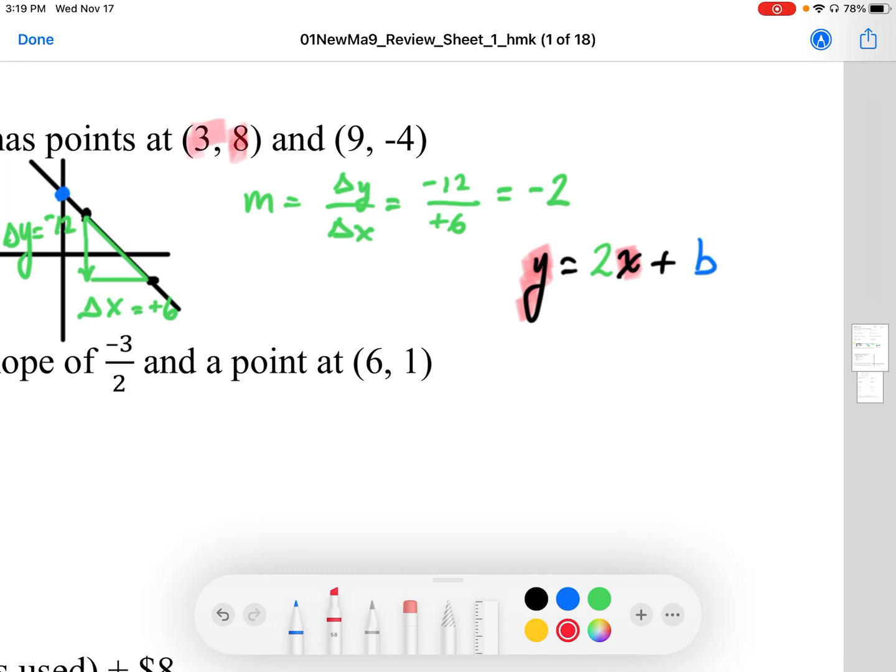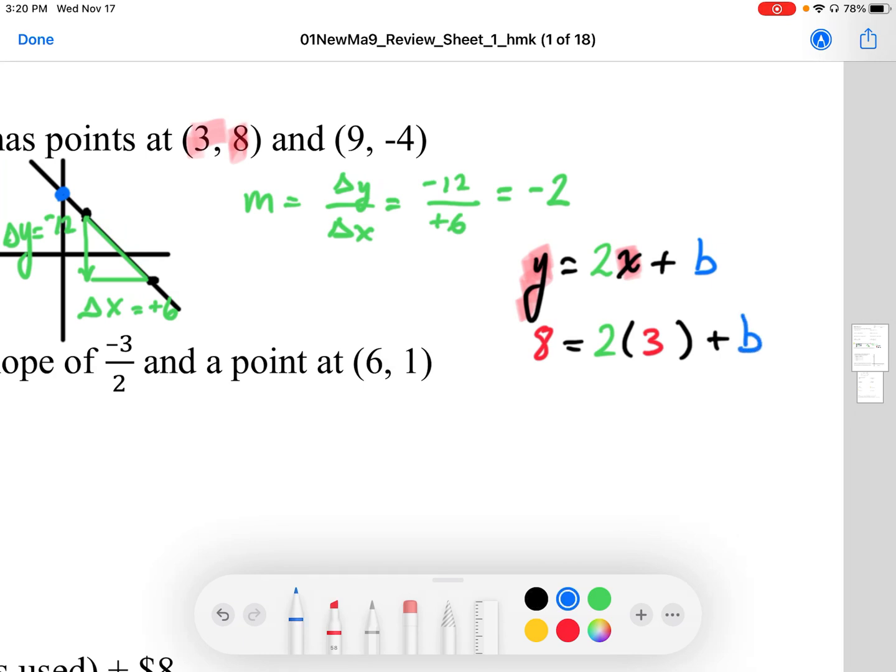So I'm just going to arbitrarily choose 3 and 8, and I'm going to replace the x and y with 3 and 8. So y equals 8, that's equal to 2 times x. In this case, I know x is going to be 3 because the 3 and 8 have to go together as a pair.